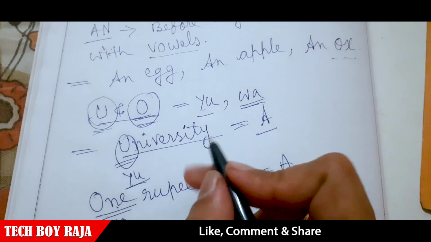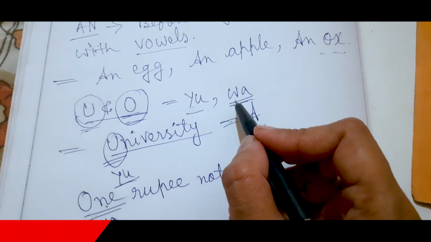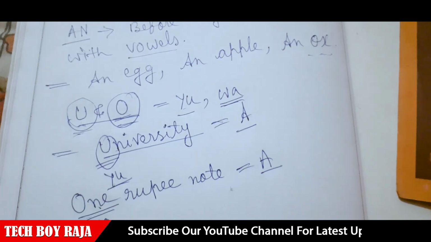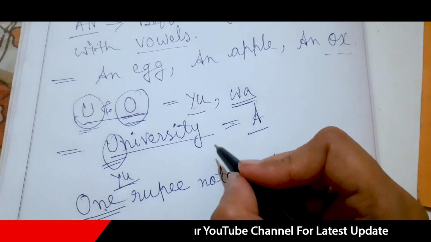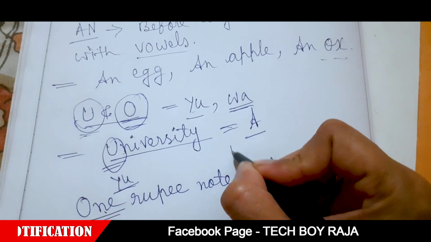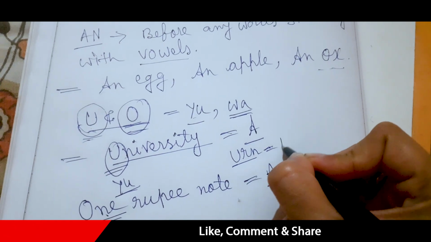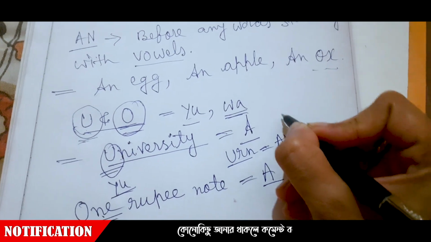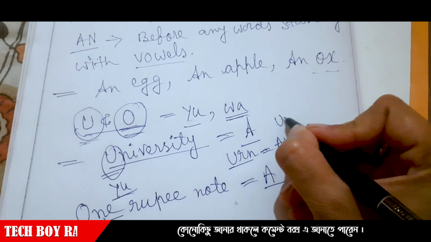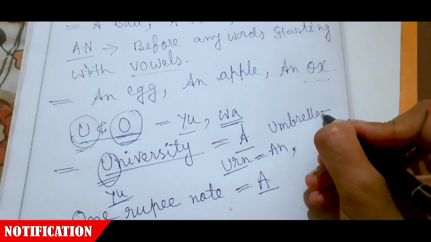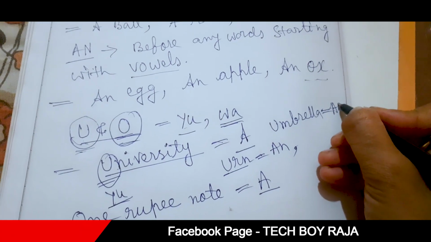So except for these two pronunciations, where other words are there, if it is earn, obviously there is an. If it is umbrella, obviously there is an.